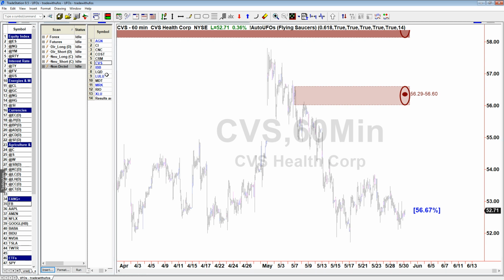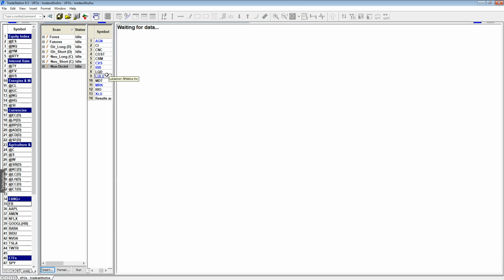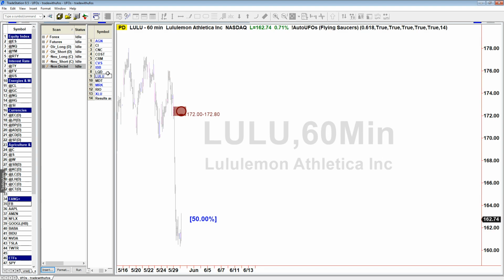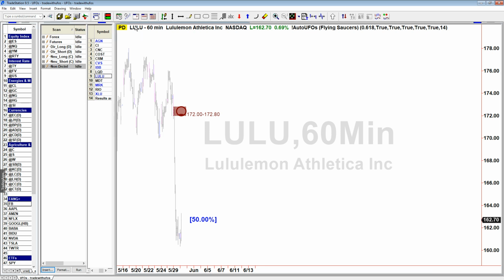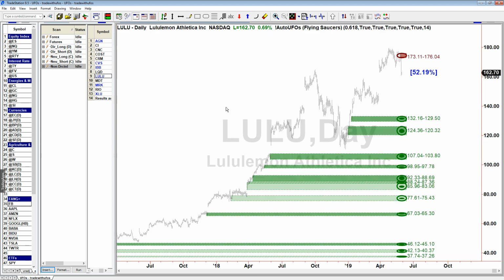With Lulu, I shared my concern before. There is an open gap right below price. So let's take a look at that particular open gap, because it may have UFOs in the pre and post market session. Even though in the daily time frame, let me show you that again, you can see this open gap right here.